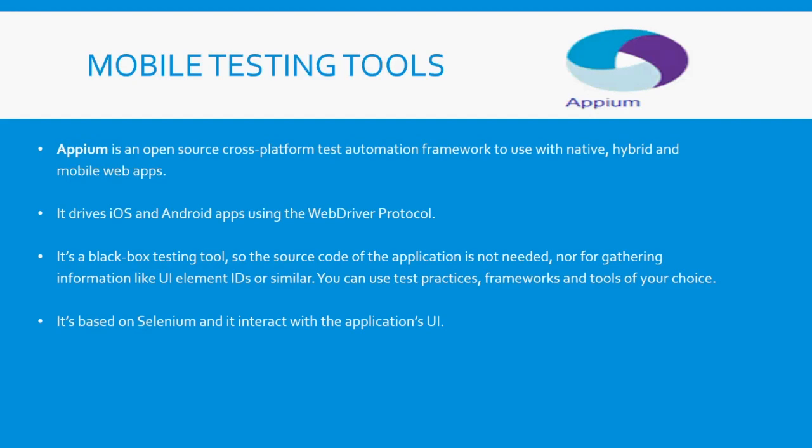You can use it for both iOS and Android devices. To use it, you don't need an understanding of the inner workings of the code. It's a black box testing tool.